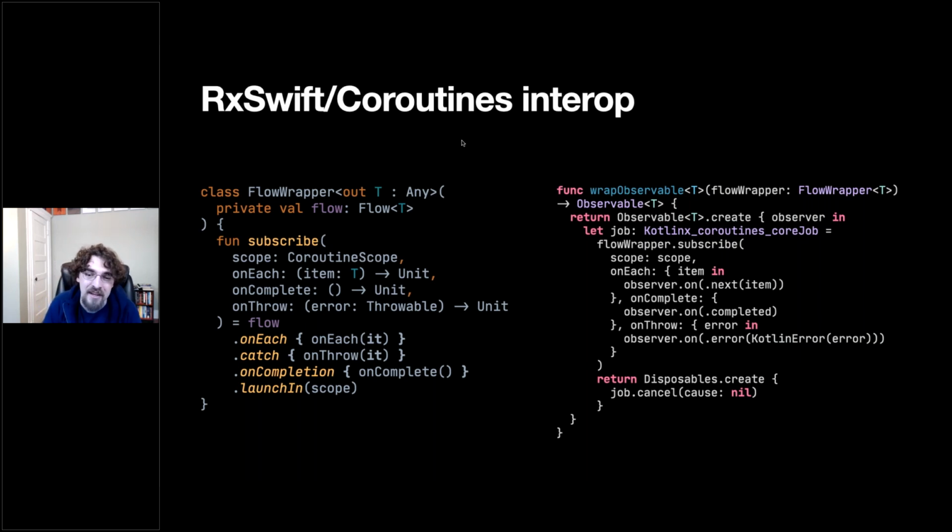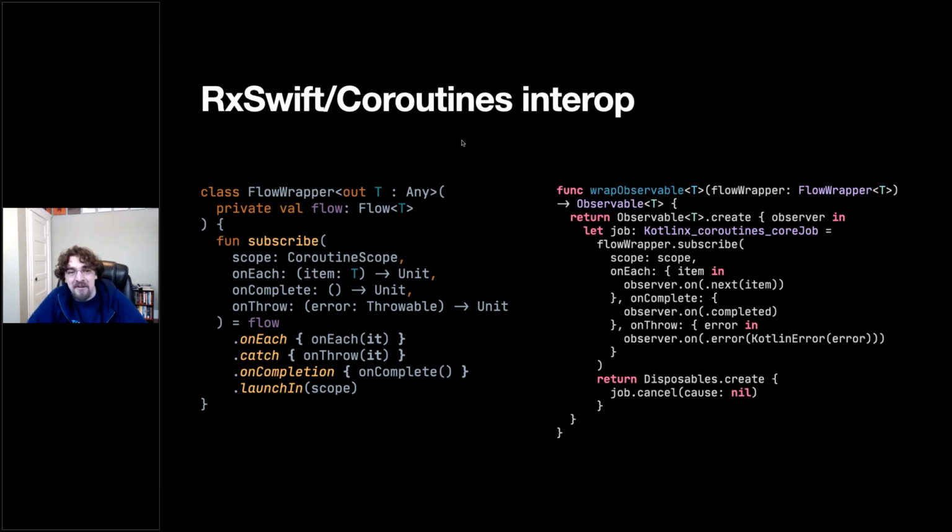One that I did recently, that I want to do a blog post on and go into more detail at some point soon, because I've seen it asked in Slack a couple times lately, is around interop between RxSwift and coroutines. The generic type of Flow doesn't get exposed to Objective-C because Flow is an interface and Objective-C generics only work on classes.